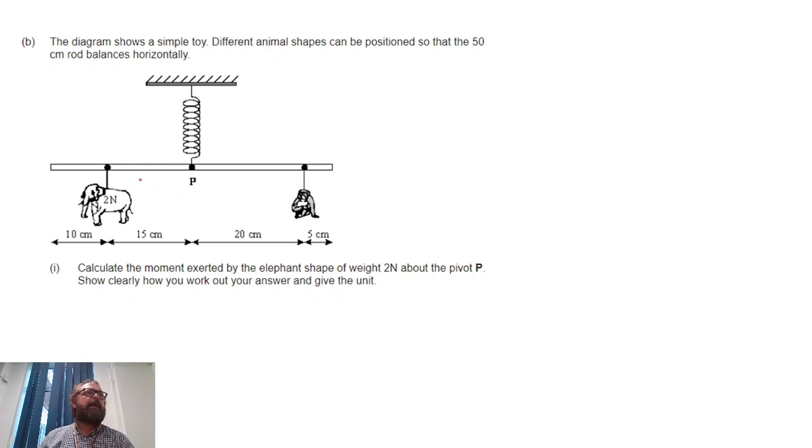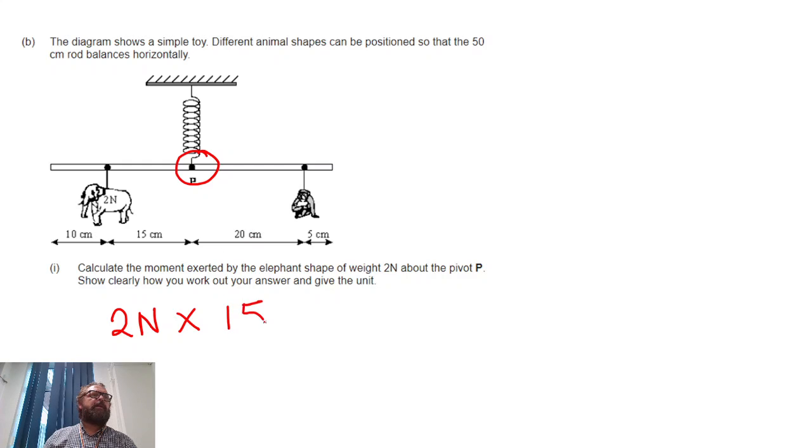Okay, so we're looking here at a combination of a spring, a pivot in the center, and a balanced beam, and so we know that the turning effect caused by the elephant will be matched by the turning effect caused by the monkey over here. The moment of the elephant shape is its weight, 2 newtons, times the distance of the elephant from the pivot.